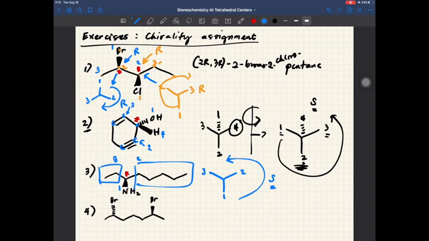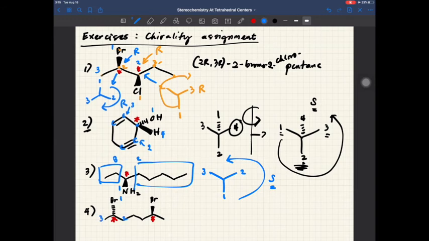S. In example number 4, we have 2 bromine atoms as our substituents, and the chiral centers are at this carbon atom. So let's assign chirality to it. The first priority would be this one, second priority would be this one, and third priority would be this one.